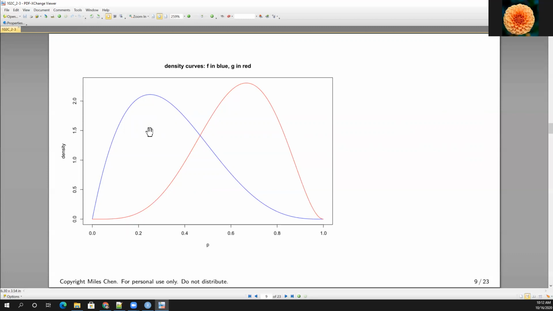Yeah, something around there, 0.3, 0.35. Whereas what we're generating from is g, the red distribution, and that looks to have a mean around 0.6 something, 0.7, something around there. So how is this going to work? We're generating values from the red distribution, but we want to pretend as if the values were coming from the blue distribution. So what do we do?